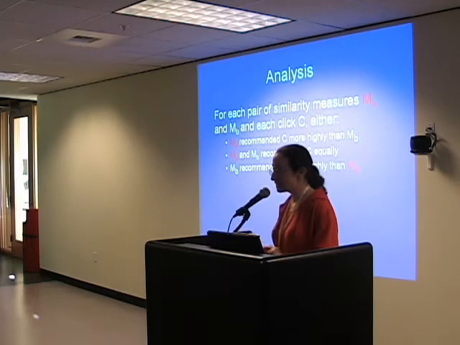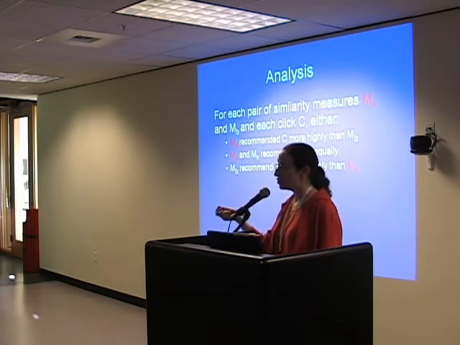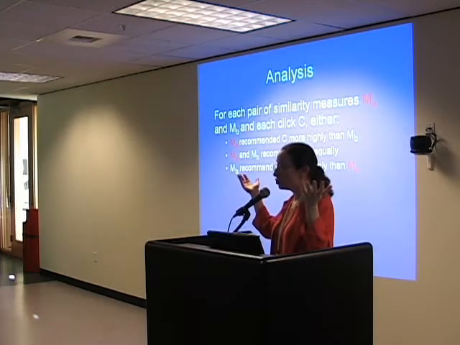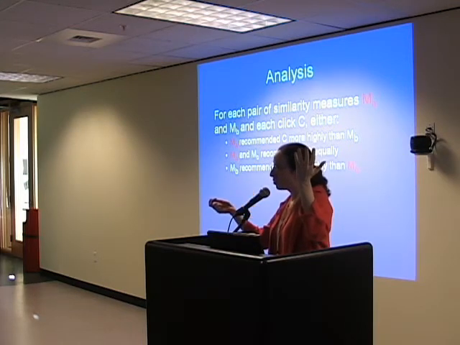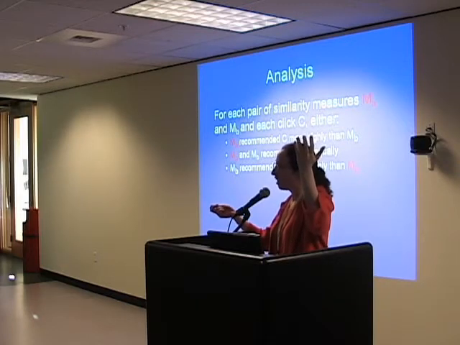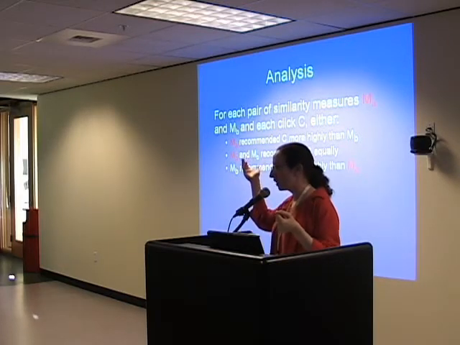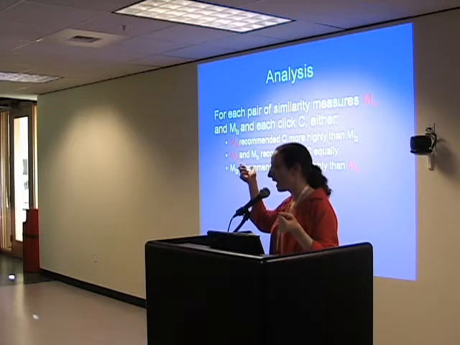So for the analysis, we wanted to take each click, and remember each click was choosing among 2 different algorithms. And if L1 rated that item more highly that the user clicked on, we give a point to L1. And if log odds rated it more highly, we give the point to log odds.